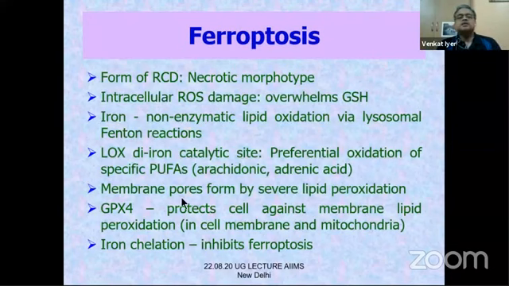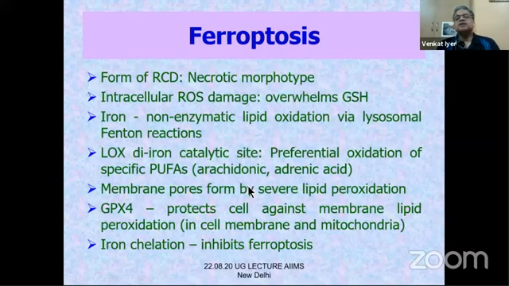Now, in this, there is an iron non-enzymatic lipid oxidation by Fenton reaction. We already saw Fenton reaction in our previous chapter. So lysosomal Fenton reactions can cause a formation of membrane pores by severe lipid peroxidation.